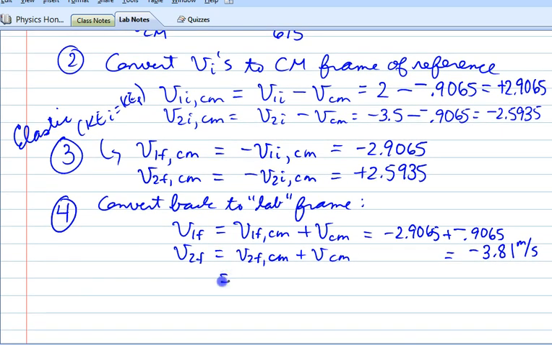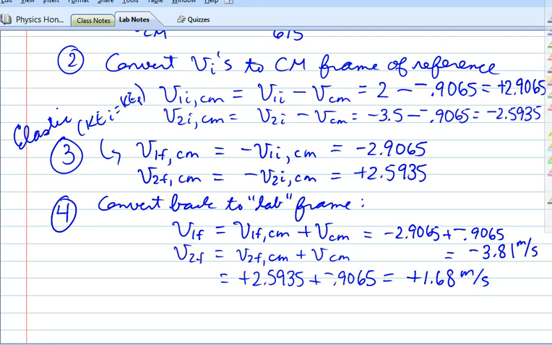Then for Jill, that's going to be, let's see, plus 2.5935 plus negative 0.9065, and that's going to give us plus 1.68 meters per second. Okay, so I'm going to circle these guys. Okay, this is V1 final and this is V2 final.